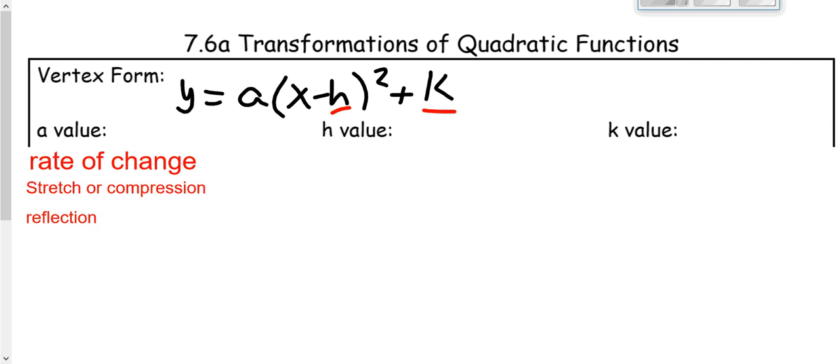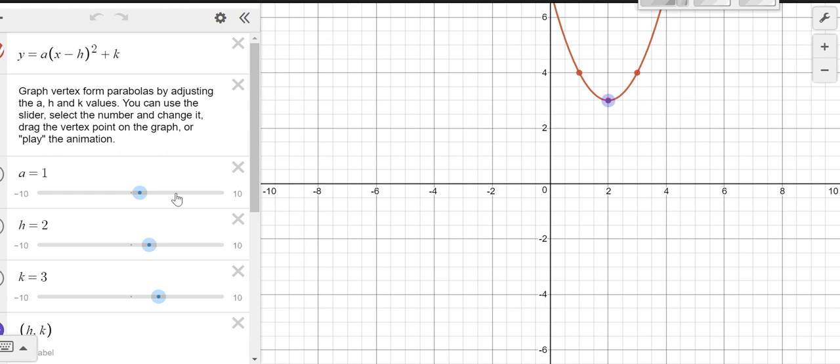Now what I want you to do is go to Desmos. These little sliders here help you change your a, h, and k values so that you can explore what happens as those values change.